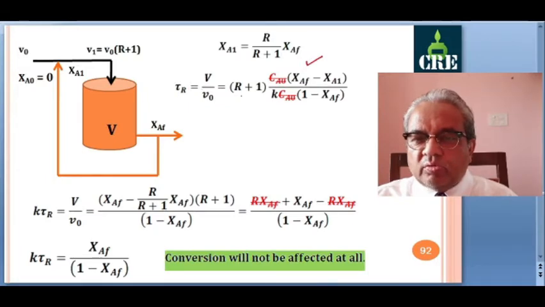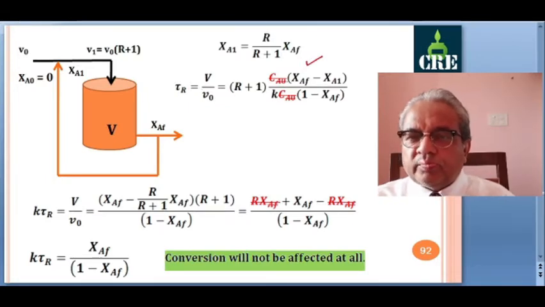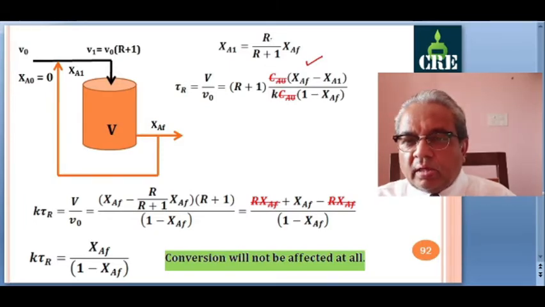Tau r is V by V0, that is R plus 1 into Ca0 XA by minus Ra. Minus Ra is K Ca0 into 1 minus XAF. Ca0 will cancel out. So K tau r can be written as this: XAF final value minus XA1.